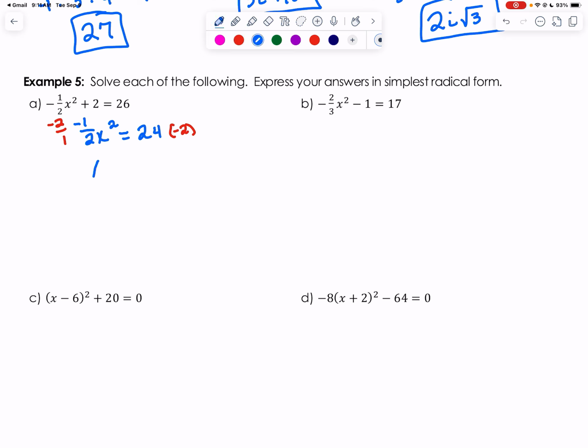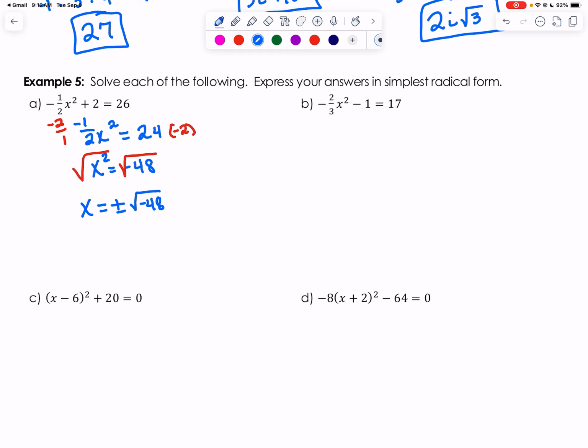And that will give us positive x squared is equal to negative 48. Now we'll take the square root of both sides. And when we do that, that will give me x on this side. And over here, I'll have plus or minus the square root of negative 48.